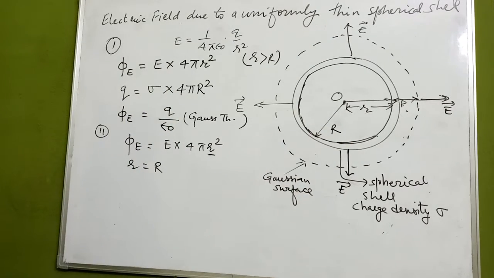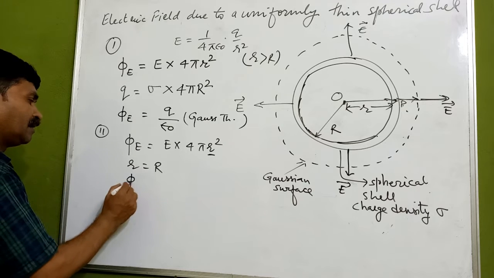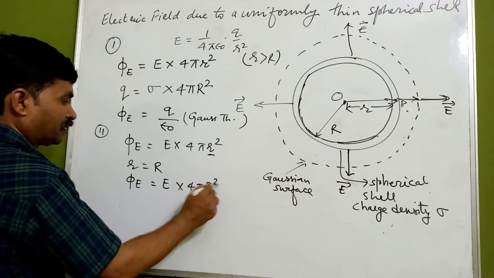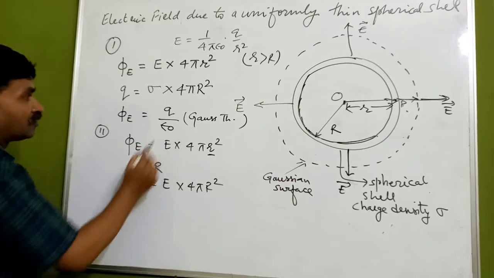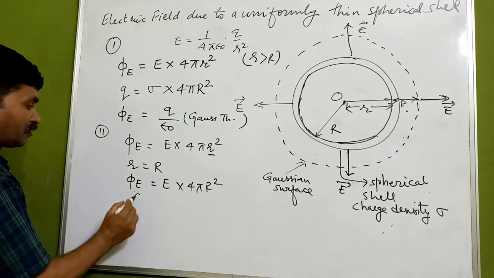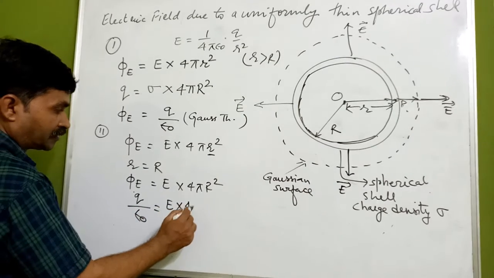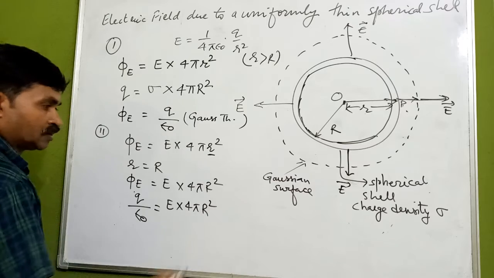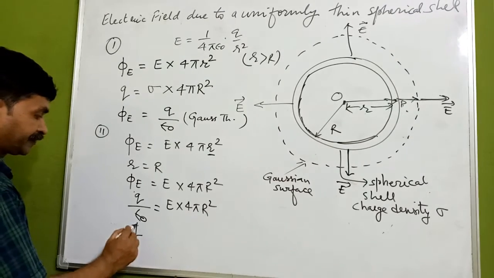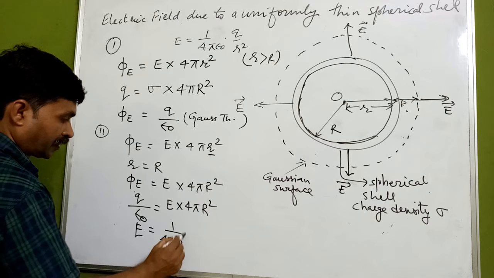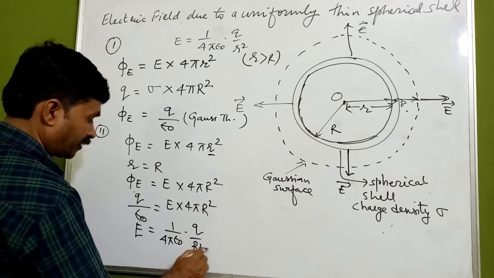So phi E is going to be E into 4 pi R square. We also know that phi is Q upon epsilon naught, so we can substitute this value: Q upon epsilon naught equals E into 4 pi R square. So E is going to be 1 upon 4 pi epsilon naught into Q upon R square.